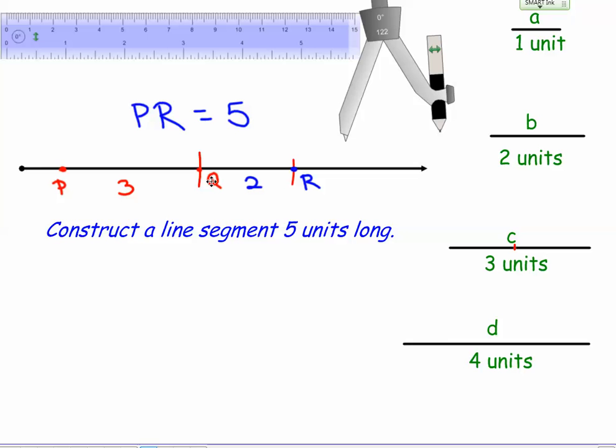We called that Q. Then we measured with our compass the length of the 2-unit segment B. We put our center on Q and drew this arc and called that R, and we know that's 2 because it matches B. This is 3 because it matches C, and now we know the distance from P to R is 5 because 3 plus 2 is 5.